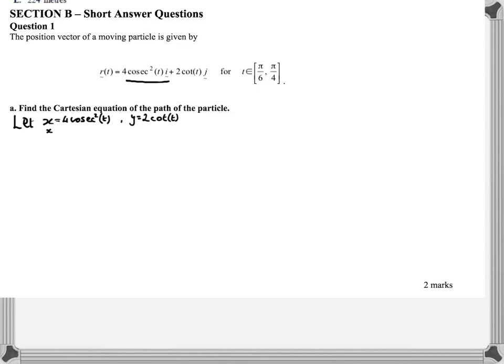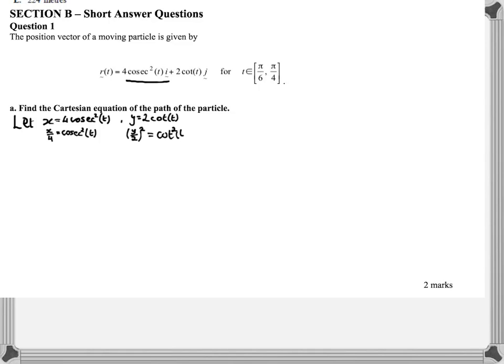Now, using those two, we have to combine them somehow via a trig identity and put them together to form a Cartesian equation. So first off, rearrange them to get just the cosec function by itself.